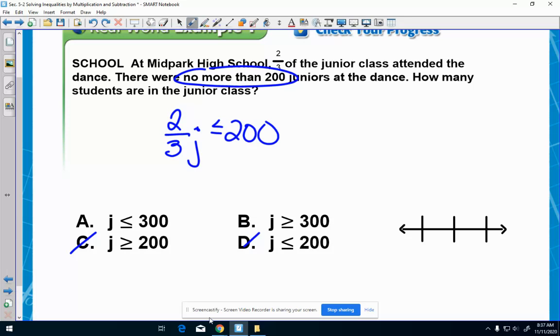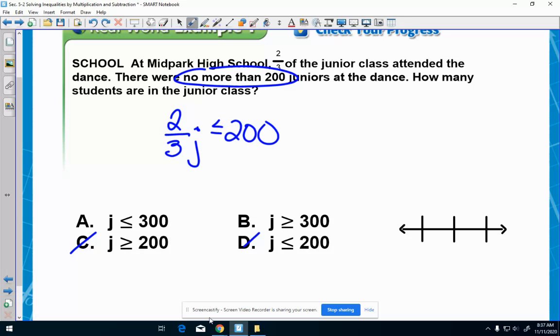So is it A or is it B? Faith, it is B. Which one? B? Well, at this point, the only difference between the two is that A says less than or equal to and B says greater than or equal to. My sign is currently a less than or equal to.